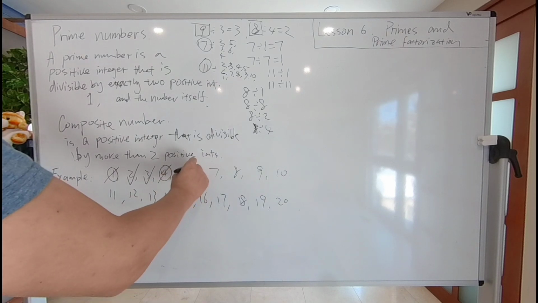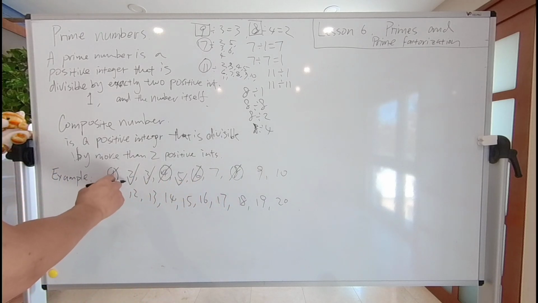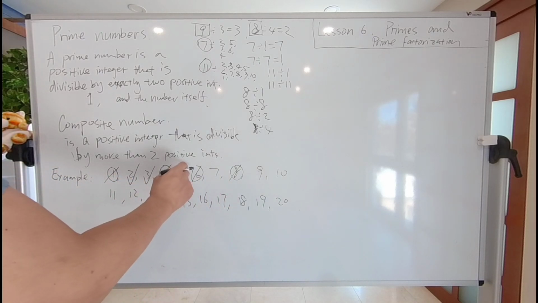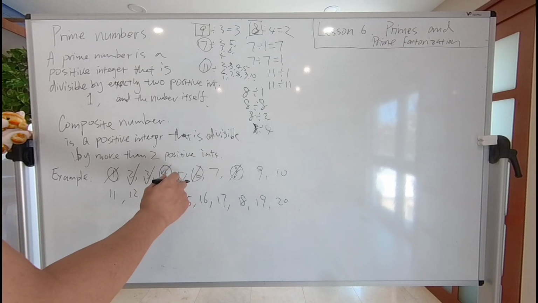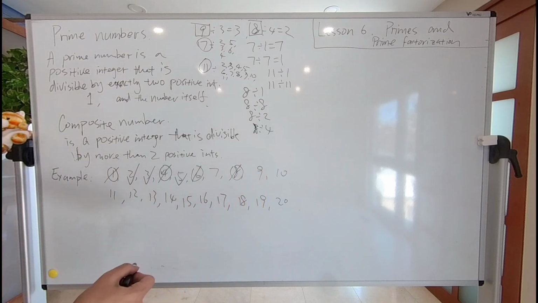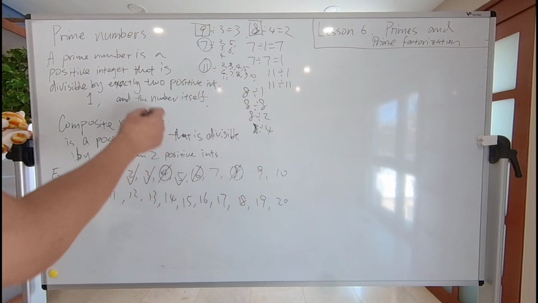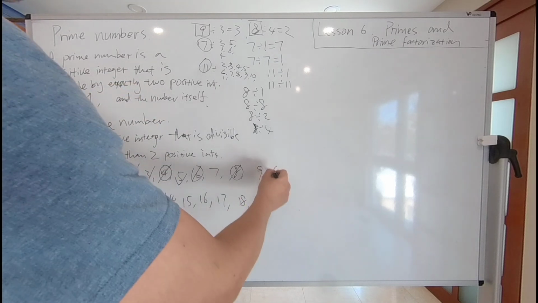So any even number other than 2 itself is divisible by 2, which means it has at least one more factor other than 1 and itself, so it does not satisfy the definition of a prime number because it has more than exactly 2 positive factors.